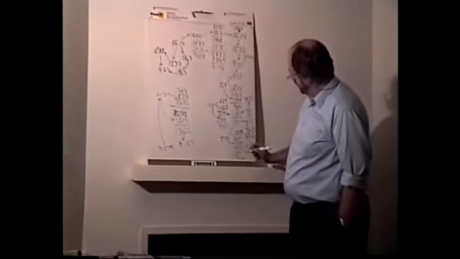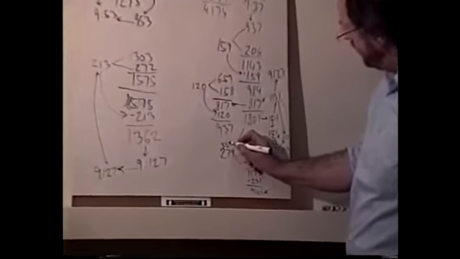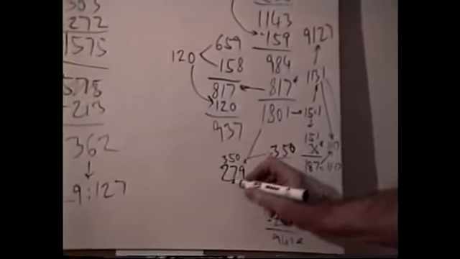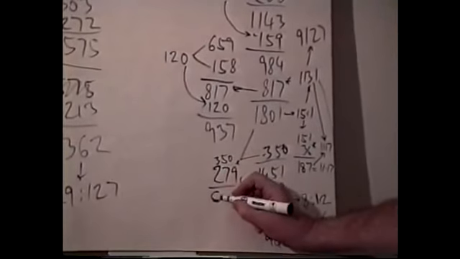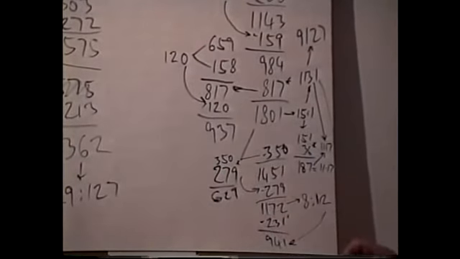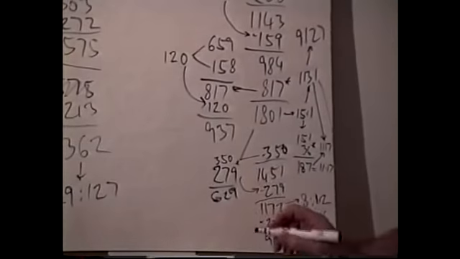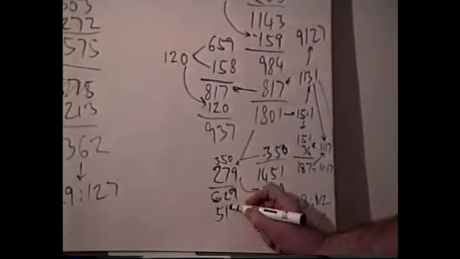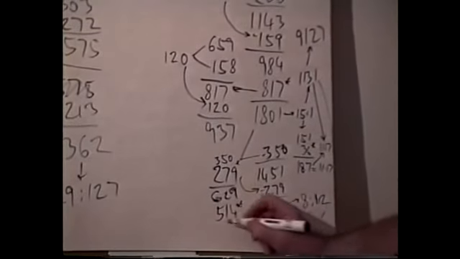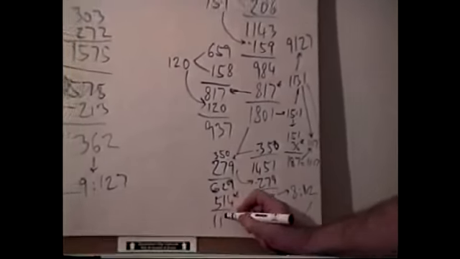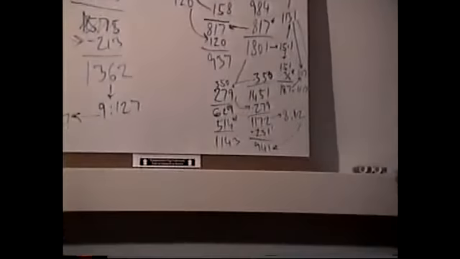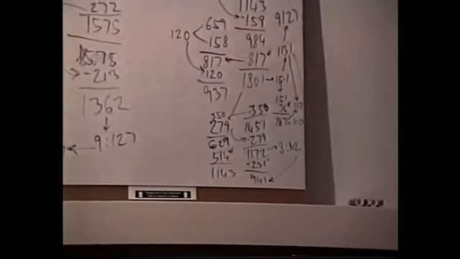The 279th composite number 350 plus its rank 279 gives 629. It's the 514th composite number, and they add up to 1143. Again, 9 times 127.